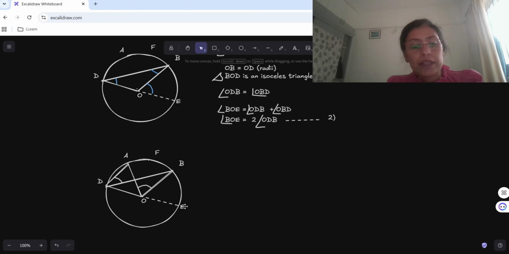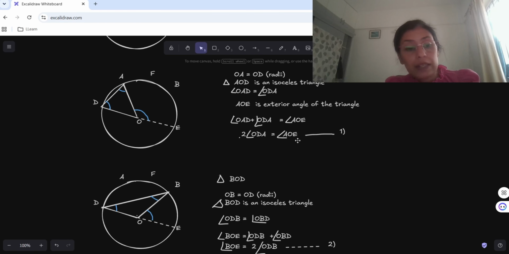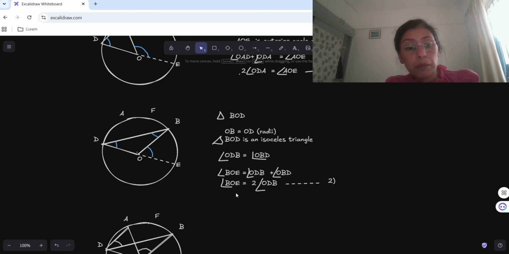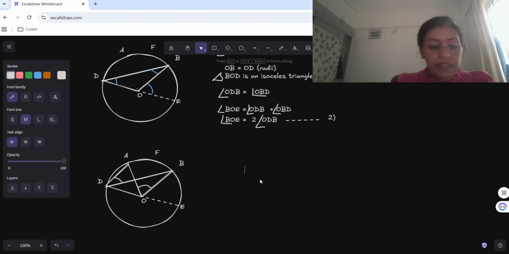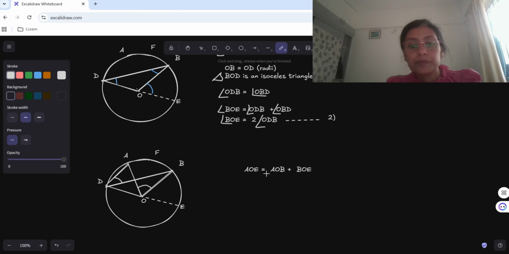Now, if I consider angle AOB in terms of angle AOE, because here I know about angle AOE and I know about angle BOE, then if I see angle AOE, it is the sum of angle AOB plus angle BOE.